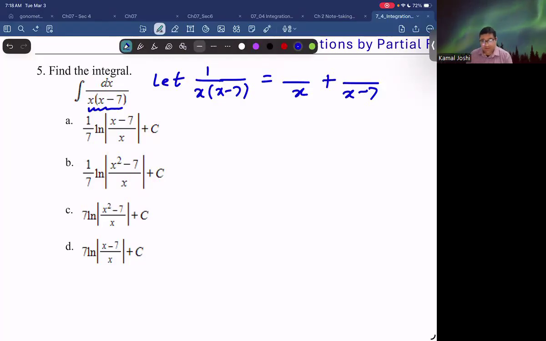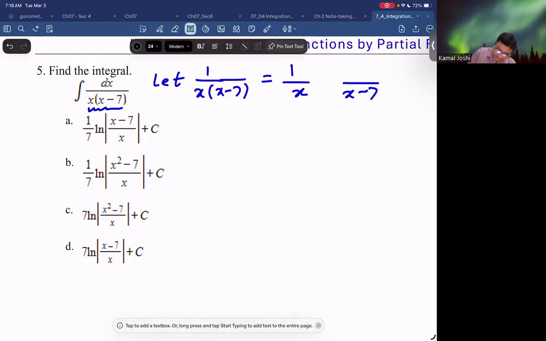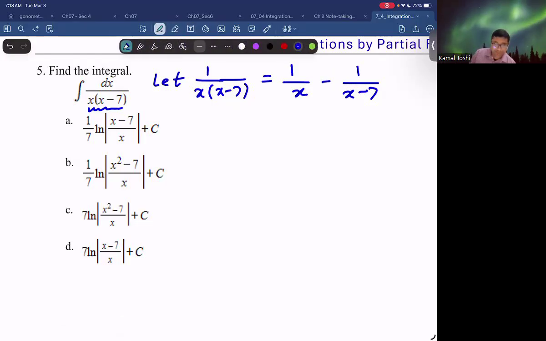For those who are watching only the video, you can see how I will do it. I will write 1 here and I will write minus 1 here, because I know what's going to happen when I do that. When I try to combine them, it's going to be x minus 7 minus x, right? The reason for writing minus is that the x and x will cancel.